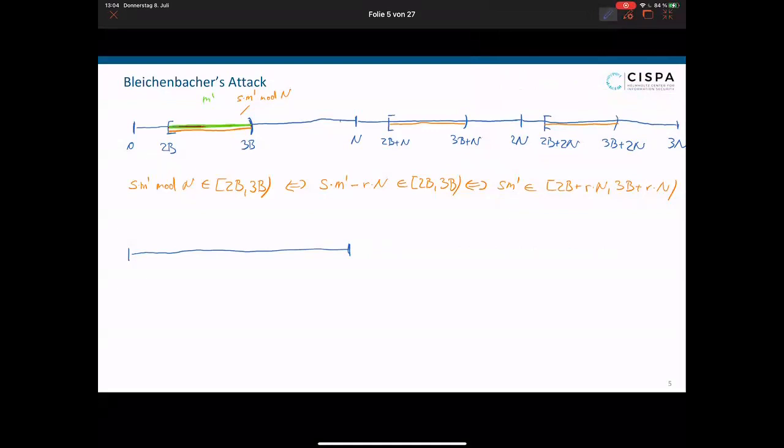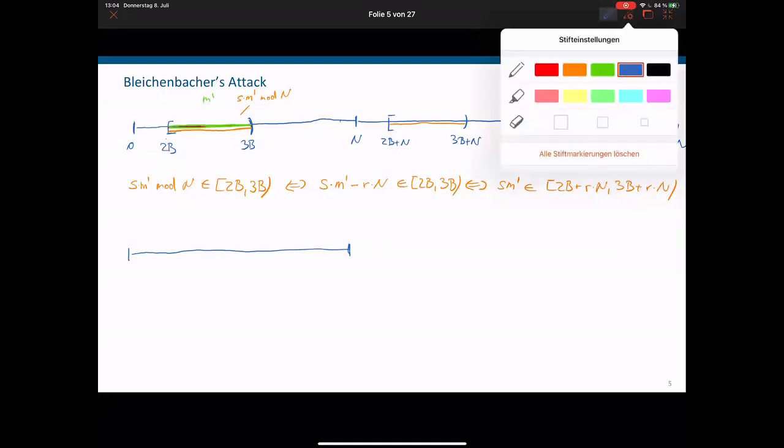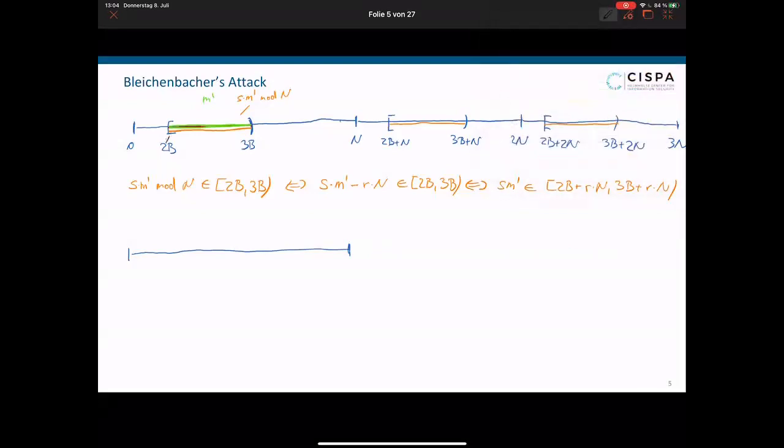So if we take this interval, let's use a different color for this, maybe black. Now my writing interferes a little, but we scale this down by a factor of s and get an interval here. We do the same with this guy, scaling it down with a factor of s gives us one here.